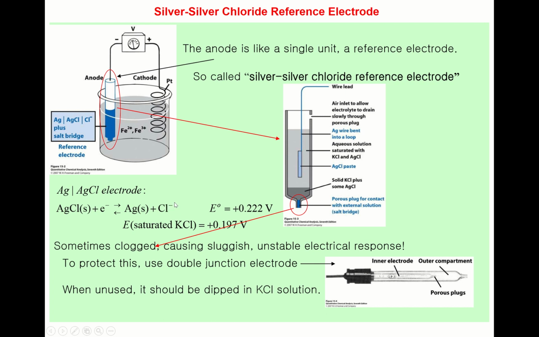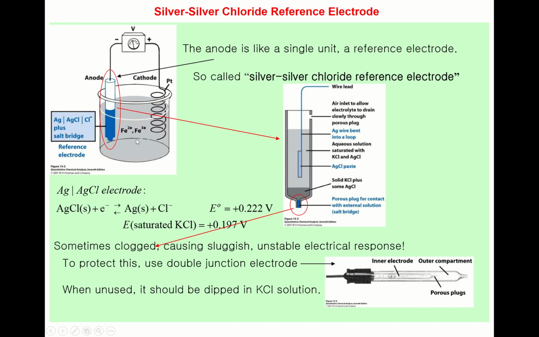In that case, when it is saturated with potassium chloride, the potential changes to 0.197 volt.